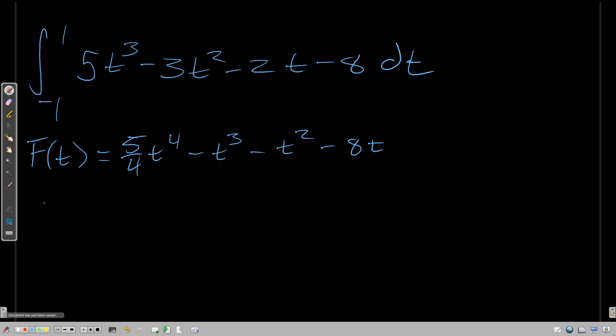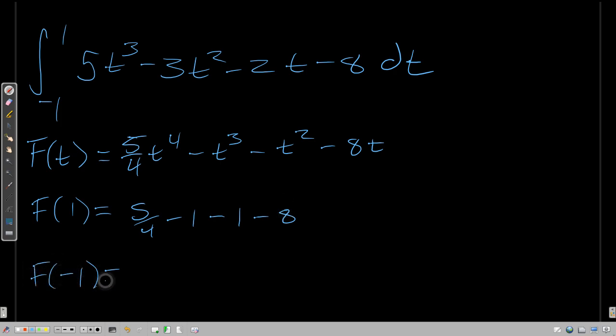There's my antiderivative. Then capital F of 1 would be 5/4 minus 1 minus 1 minus 8, and capital F of -1 would be 5/4 plus 1 minus 1 plus 8.